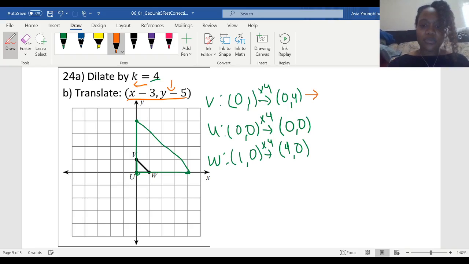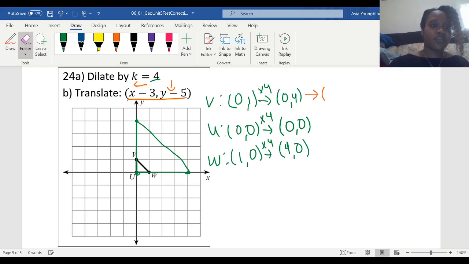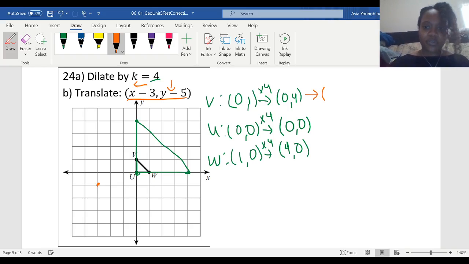So our new point for V would be left 3, down 5, puts us here. Oh, I did the original V, yes. You want to make sure you do the new V. So we're here. So work with this point. Left 3, down 5. So it's going to be -3, -1. U is still 0, 0.